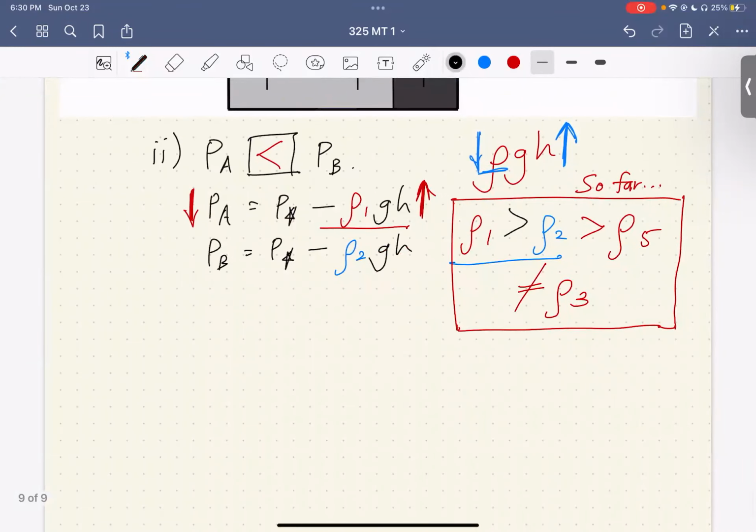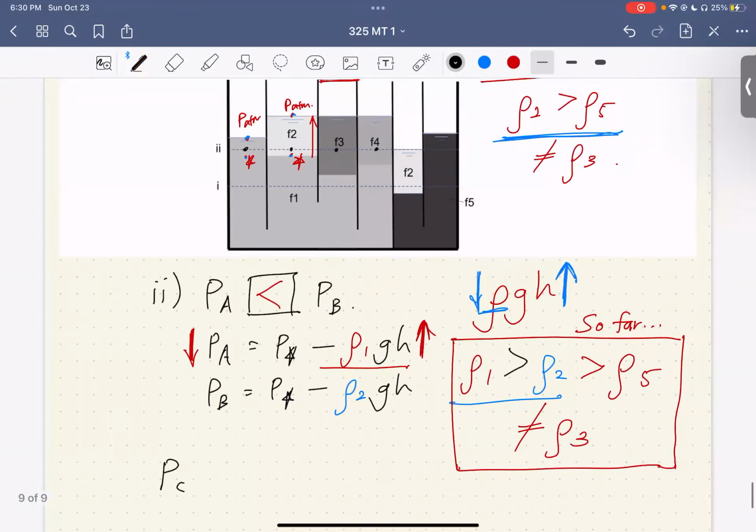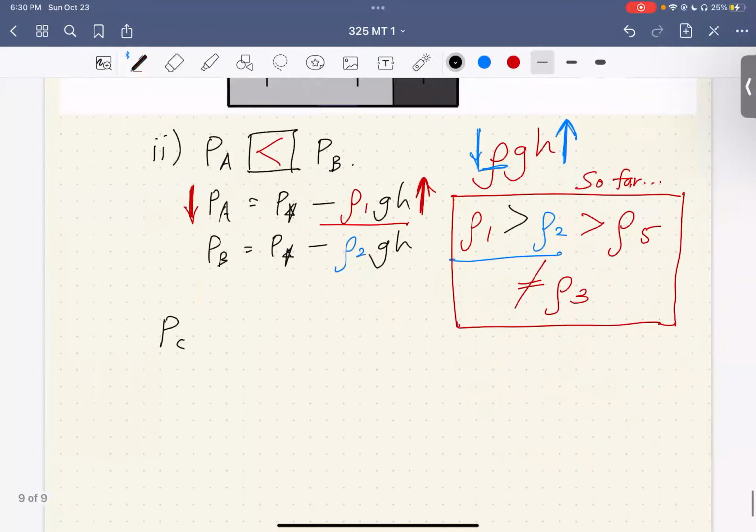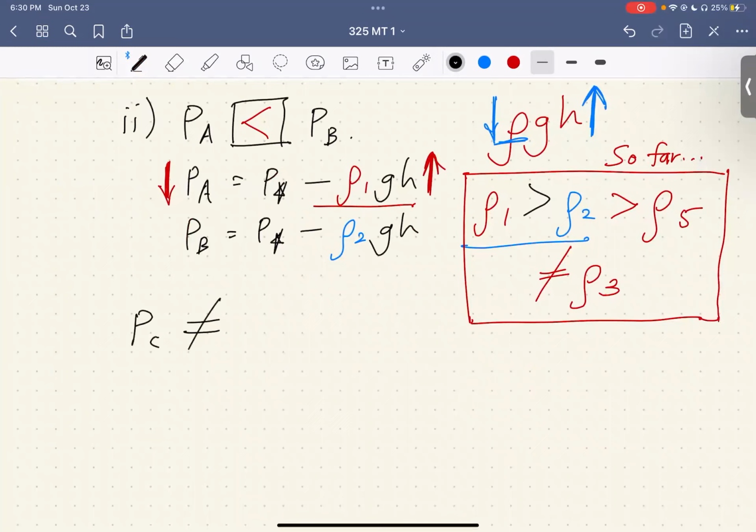Now let's do pressure C. As we mentioned earlier, because of this solid boundary, we can't determine rho. If we can't determine rho, we can't determine the pressure at point C. So simply, we can't equate it to anything. How nice is that? So we know this, and we know this.